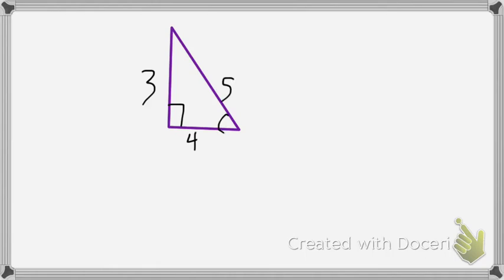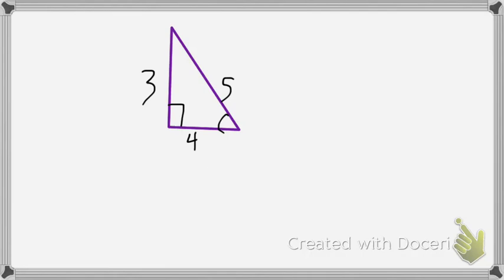Okay, now I want to talk about inverse functions. Just like we can use a side and an angle to find the other side of a right triangle, we can actually use the sides of a right triangle to find the angles, and here's how.